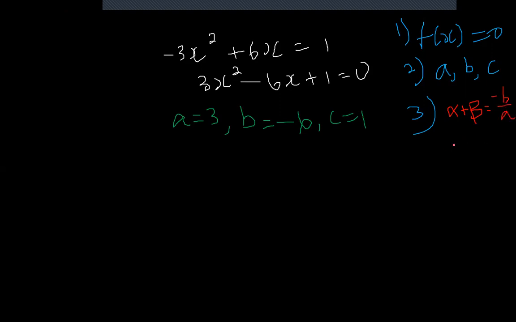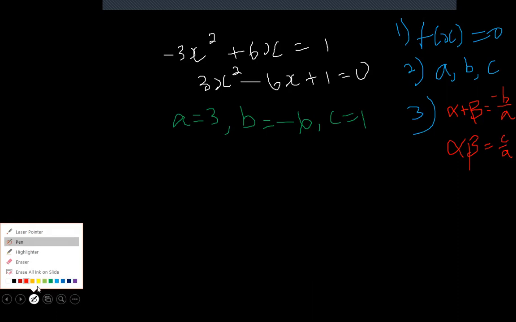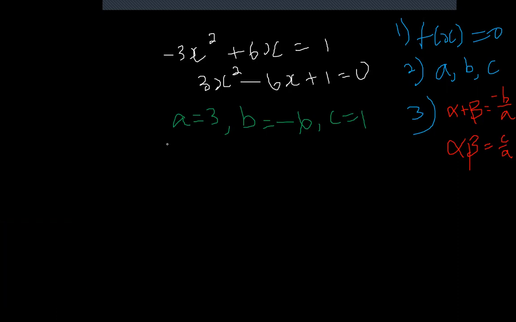And if they want me to find the product, C over A. So in this case, what would I write for alpha plus beta? 3 plus negative 6. Look at the formula. Negative 6 over 3.